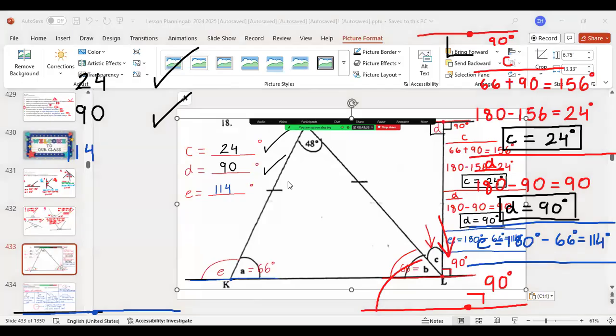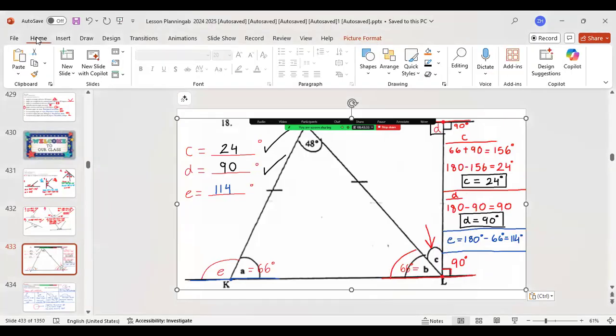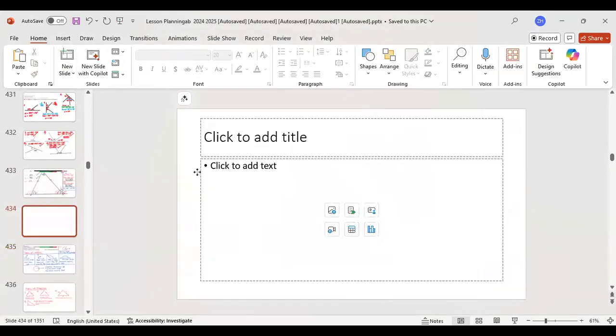Okay, so let me erase everything in there because it's looking jumbly. Let's go. So there's different ways we could put it.